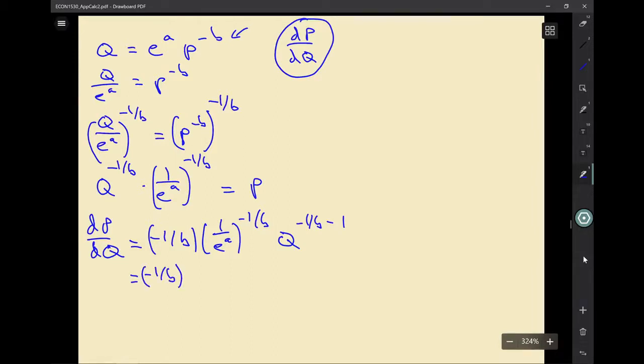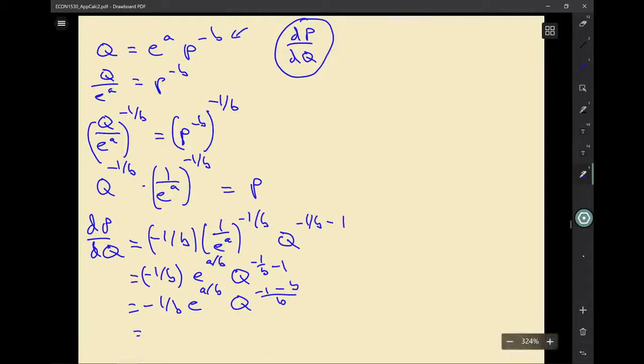Got negative 1 over b there. This e to the a, we've got a negative exponent, so I can write it as e to the a, and then bring in the b, multiply the exponent a by 1 over b. And then this thing over here, we've got q to the negative 1 over b minus 1. I can rewrite that as q to the (-1 - b) over b.